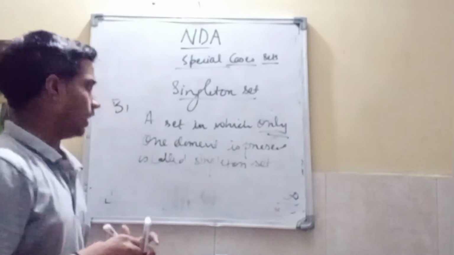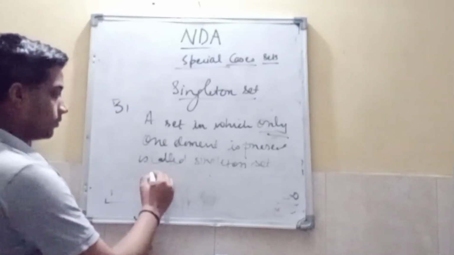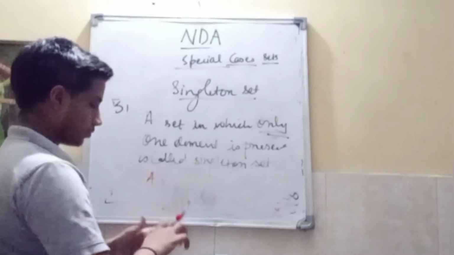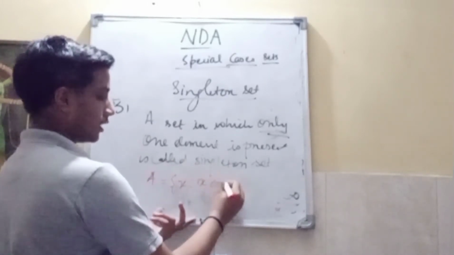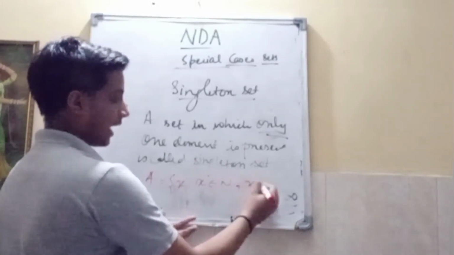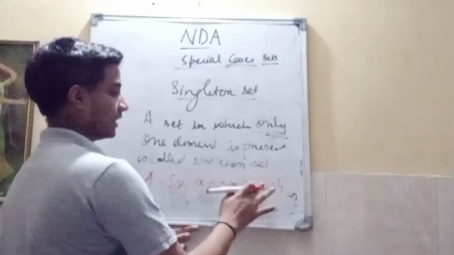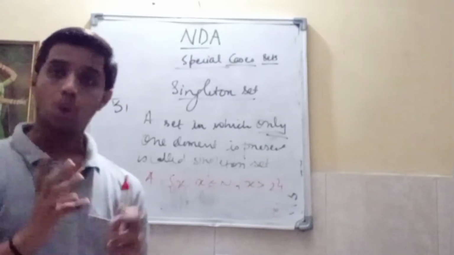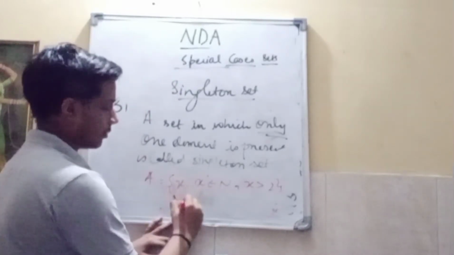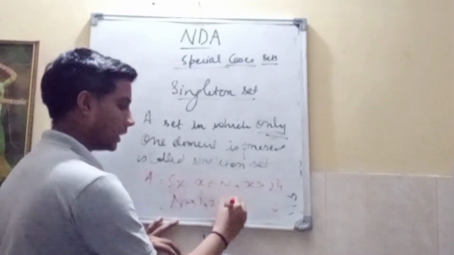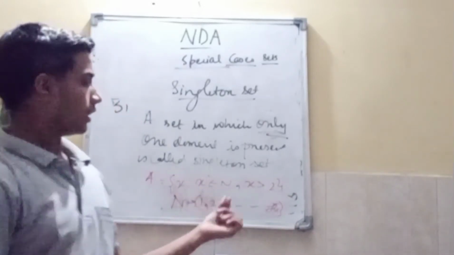What does this mean? For example, A is equal to {x such that x belongs to natural number and x is less than 2}. We know natural numbers start with 1, 2, 3 to infinity.